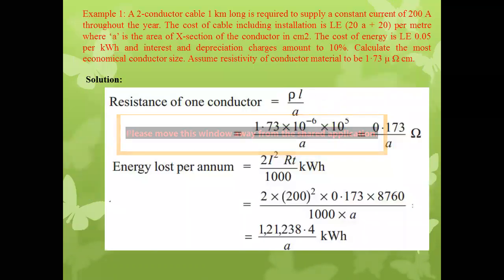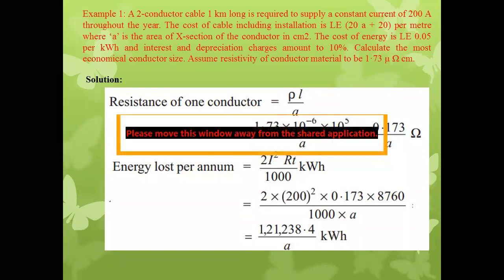So LE 20 into A plus 20 per meter, where A is the area of cross section of the conductor in centimeter square. The cost of energy is LE 0.05 per kilowatt hour, and interest and depreciation charges amount to 10%.